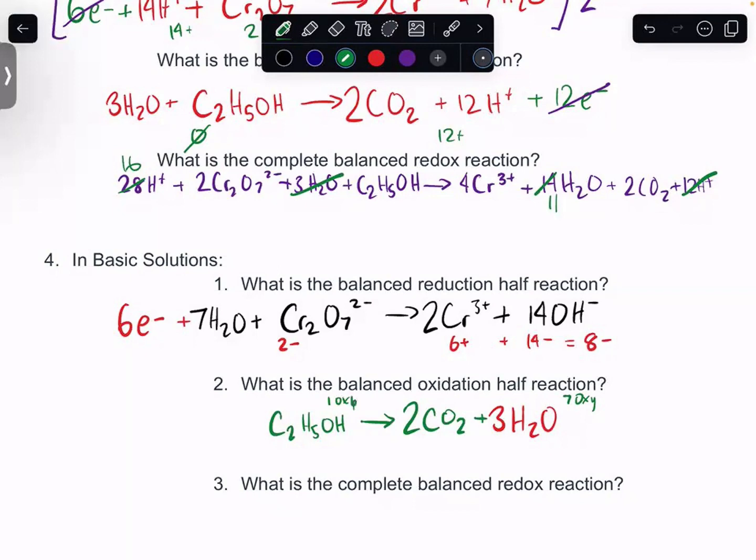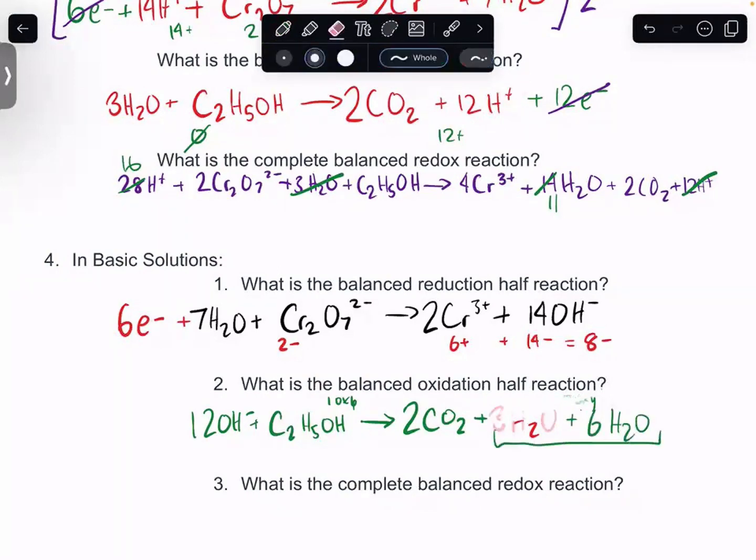I'm going to add twice that many first, so 12 hydroxides and then half that many waters, 6 H2O. I can then combine these, and I will erase it over here and make a total of 9 H2O.